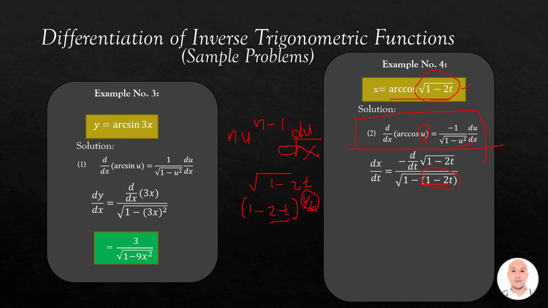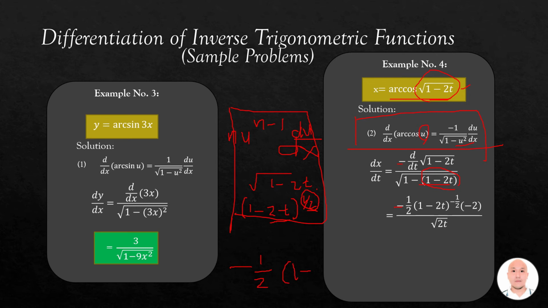Then we will apply this power rule from here. So negative 1/2 t, this one. So our n is 1/2. So negative 1/2, because this is a negative here, that's why it becomes negative here, times 1 minus 2t.